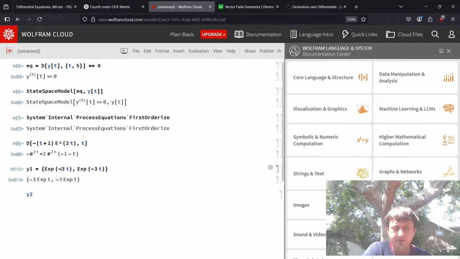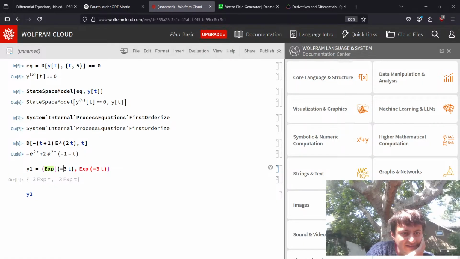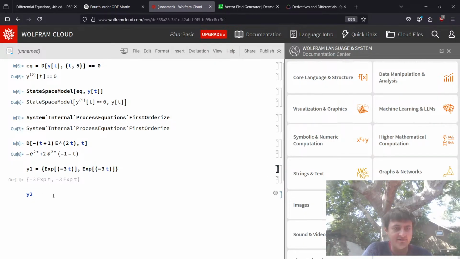Oh, you know what? Whoa, that's so weird. Oh, that's so weird. See, that's the thing about their syntax. All right. Yeah. There we go. All right. So the second one is exp minus 4t, 2 exp minus 4t.